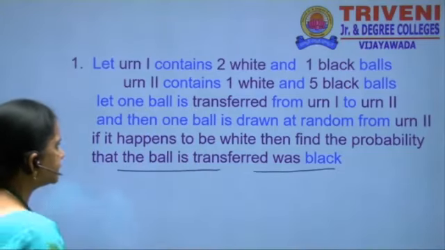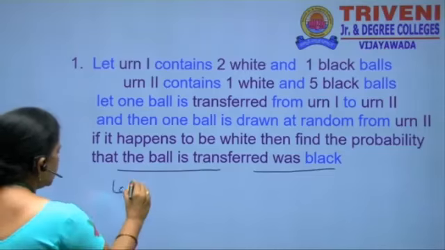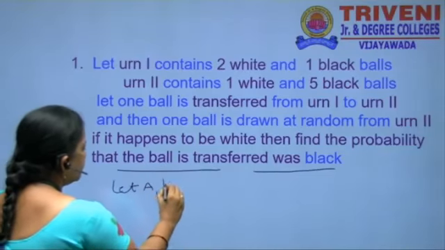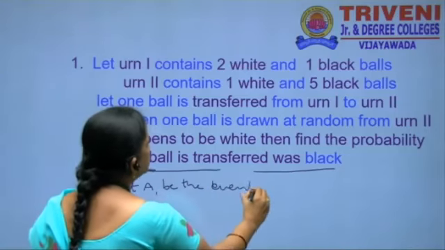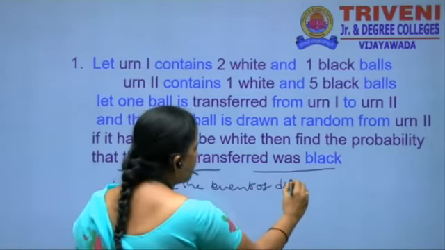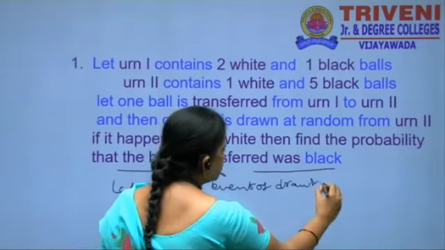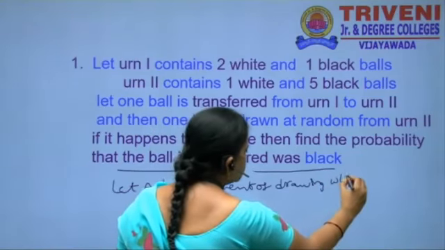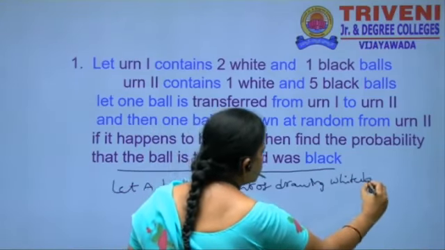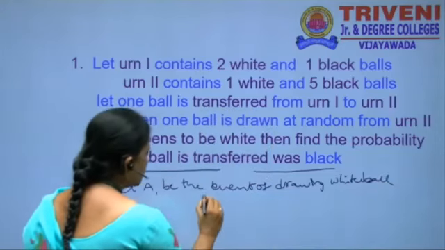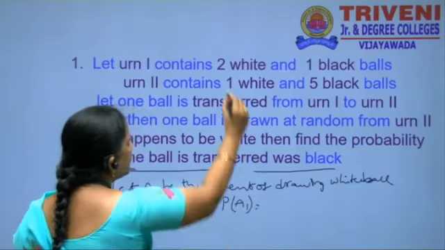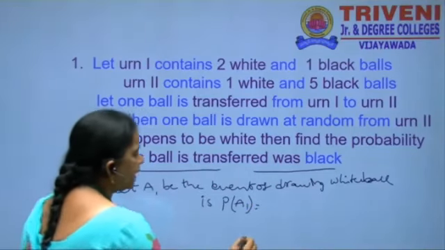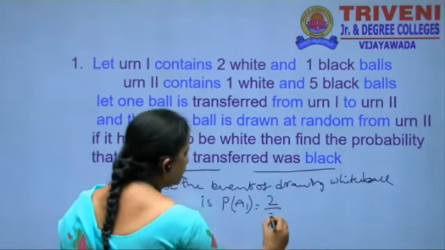Let A1 be the event of drawing a white ball. P of A1 is equal to, how many white balls are here? 2, and total is 3, so 2 by 3.